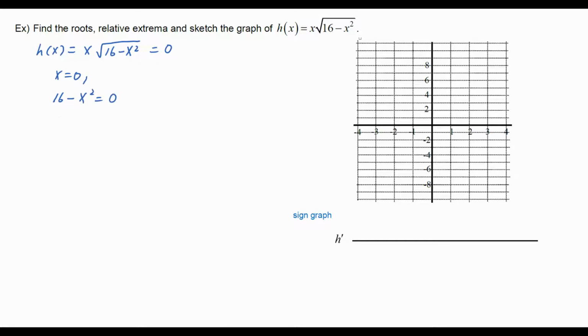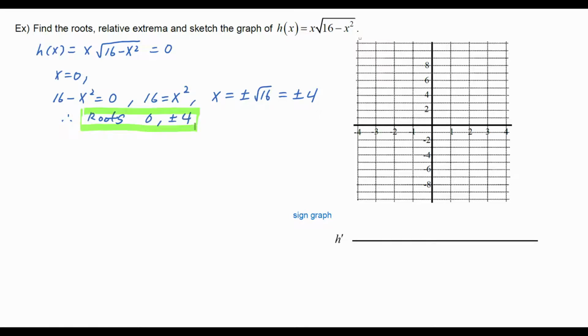That means 16 is equal to x squared, which means x is gonna be equal to plus minus radical 16, which is plus minus 4.